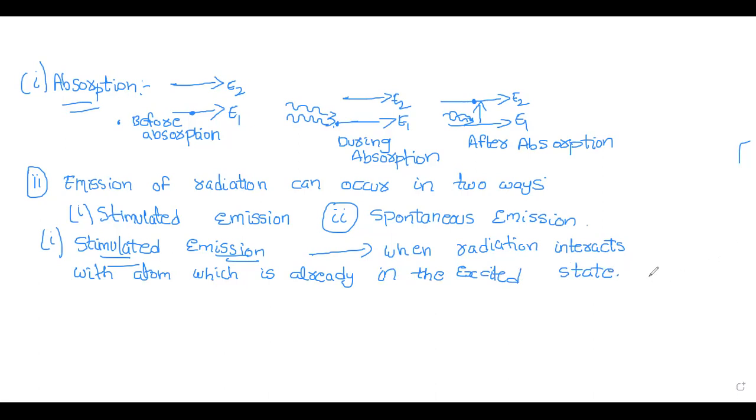So this excited state we just consider as E2. Now what will happen when the atom is in the excited state? The de-excitation of the atom, we just consider that as an atom here, for our comfortableness, since you'll have different atoms.